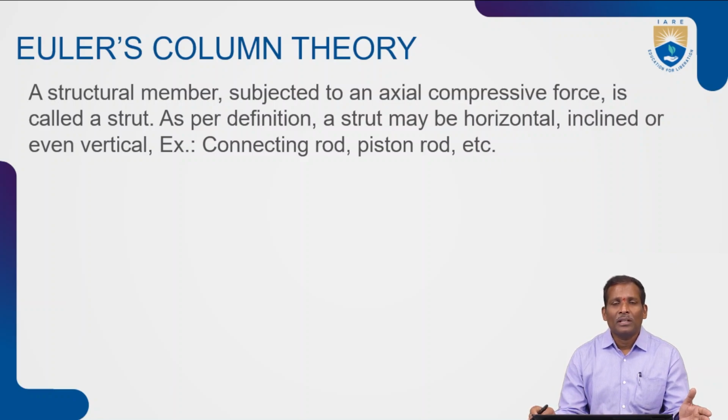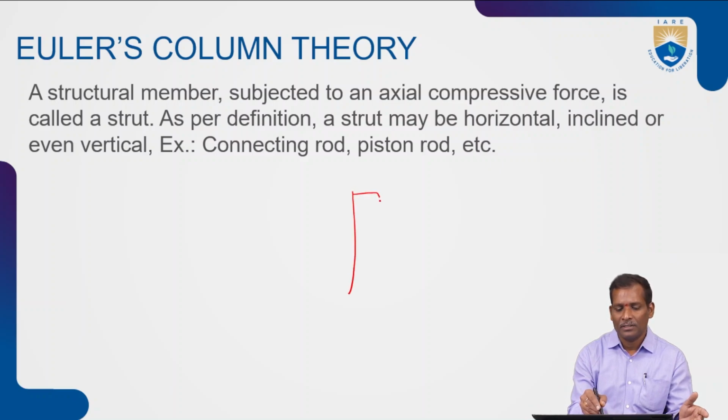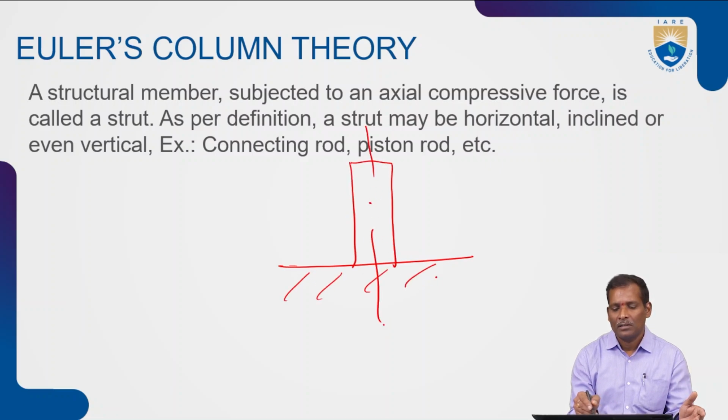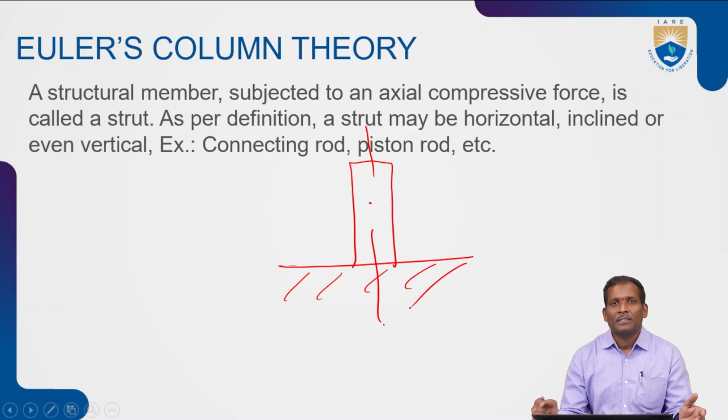A structural member subjected to an axial compressive force is called a strut. As per definition, a strut may be horizontal, inclined, or even vertical. Suppose you take this structural member with its axis, one end fixed, subjected to compressive force.